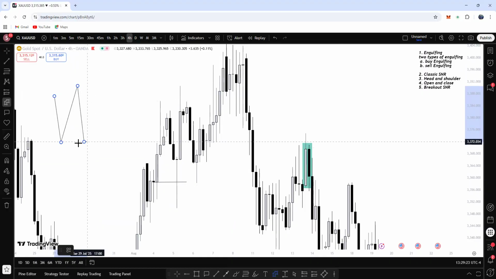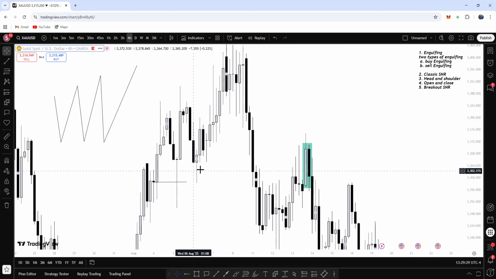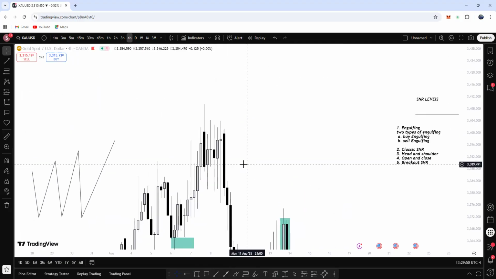Then in the process, they are creating another support or resistance. So that's what really happened here. Created another classic SNR level here. Then the same thing happened here. Same thing happened here. I don't think they tapped.